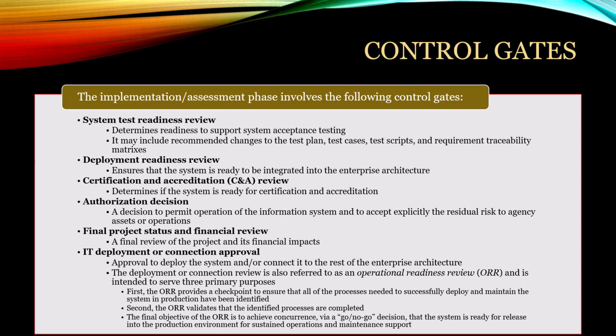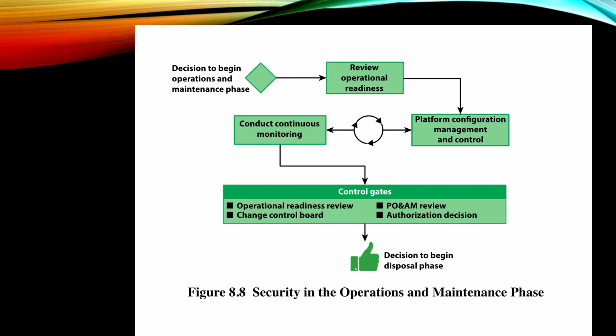So this is how it's going to be outlined in the operation and maintenance phase: we have the review of the operational readiness component, look at configuration management and controls, conducting the type of monitoring, verify, and then control gate. This allows us to ensure a certain level of performance.